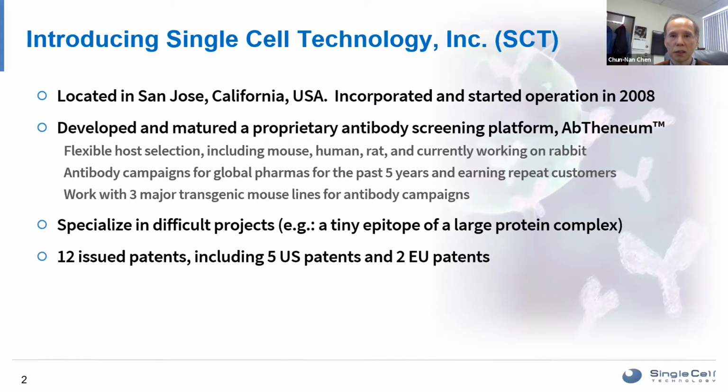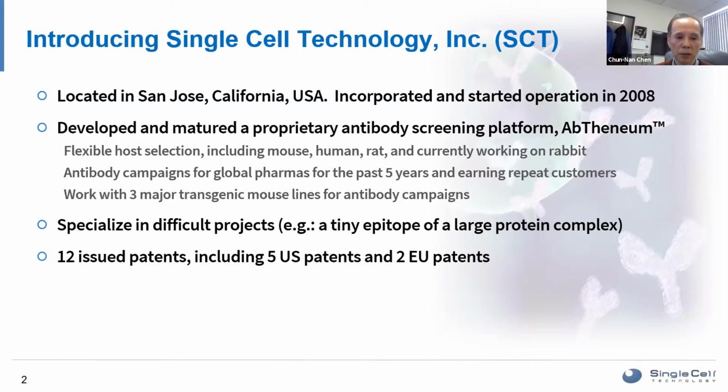And we really specialize in challenging projects. One example is finding an epitope that is the equivalent of a peptide in a multi subunit complex. That is a very tiny epitope to hit, and we are able to use our technology's advantages to help the customer find antibodies against that tiny epitope.